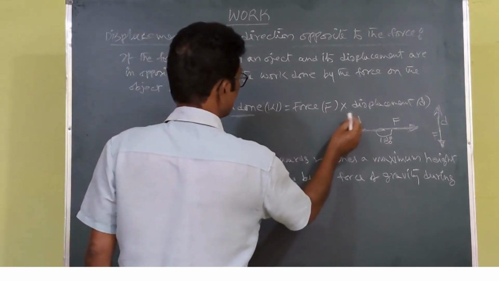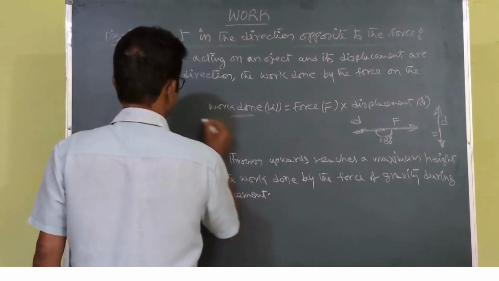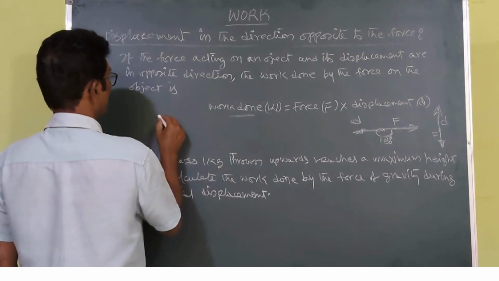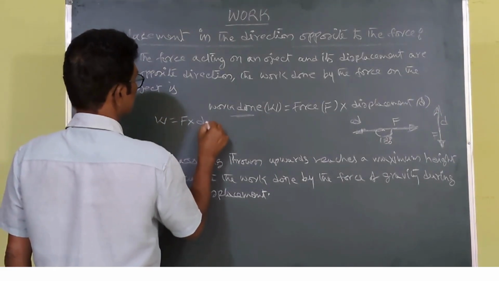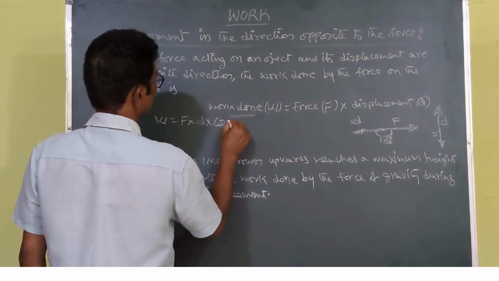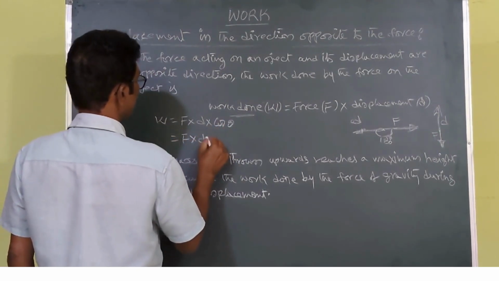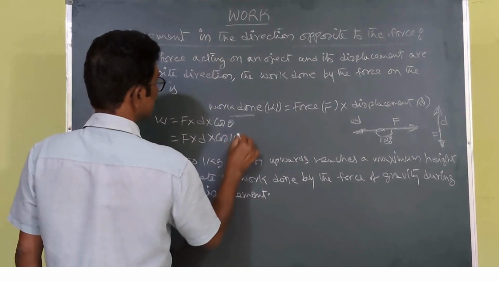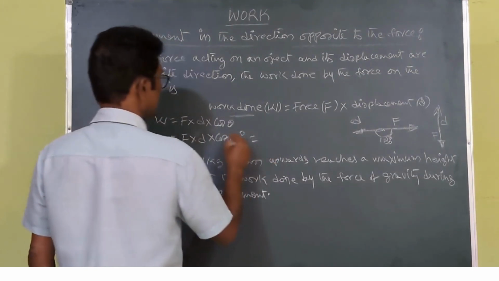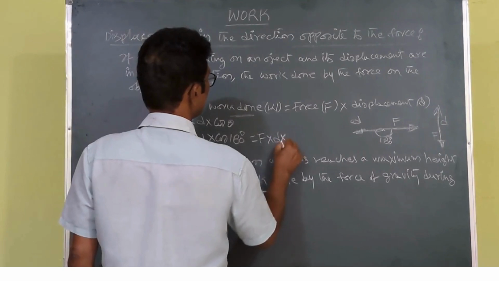So this is the formula. For 180 degrees, we write the general equation: work done equals force into displacement into cos theta. So F into d cos theta, with theta equal to 180 degrees, gives F into d into cos 180, and cos 180 equals minus 1.